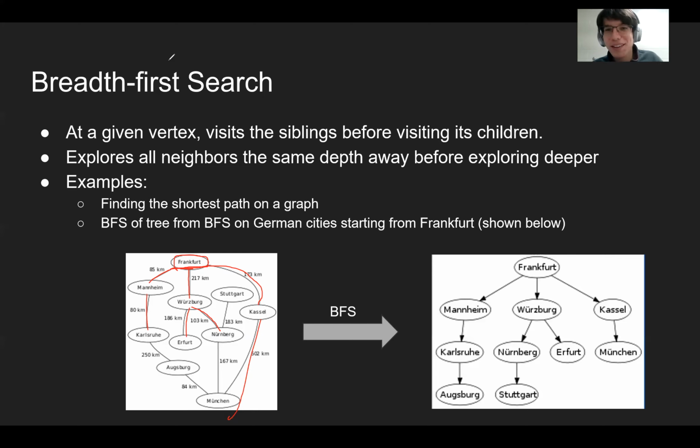In a tree, level 2 is distance 1 away from your root, and level 3 is distance 2 away. So it's the same algorithm, just on a graph instead of just a tree. It's an extension, but it's the same algorithm.